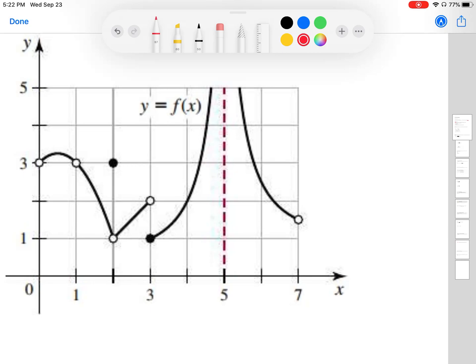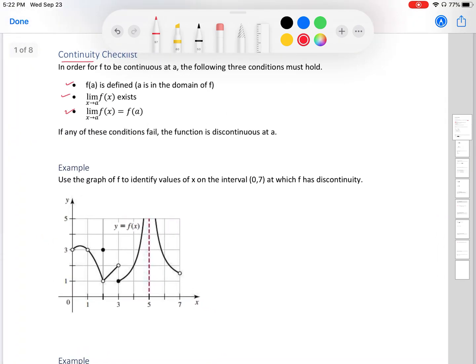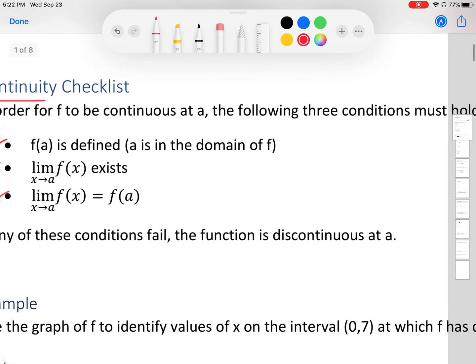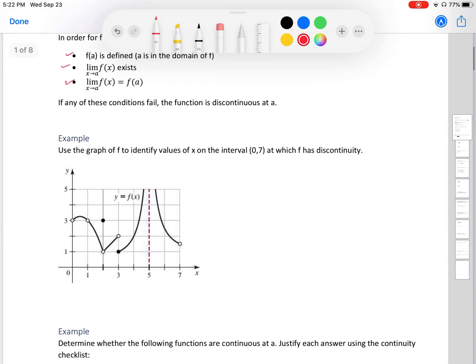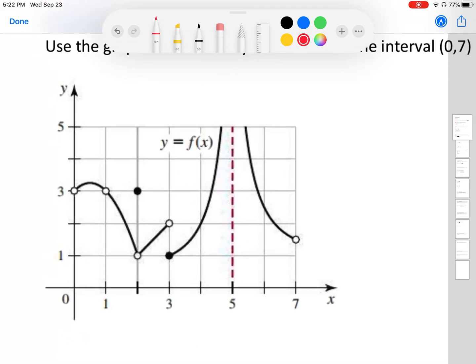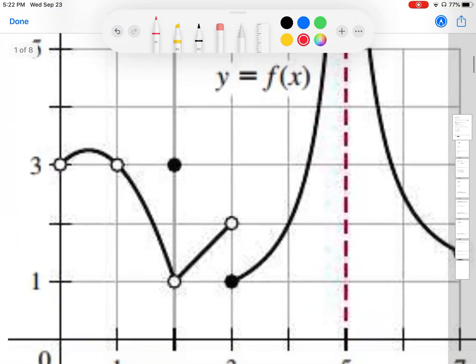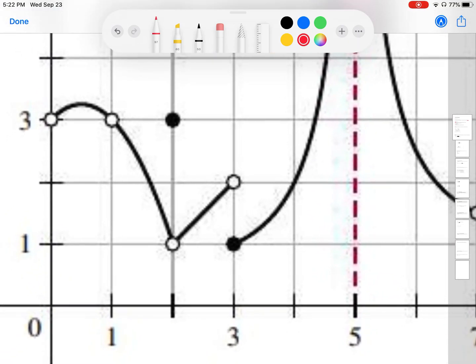So for that, we have to look at our rules above. Remember, it's part of our domain, it exists, and you can evaluate at that number. So let's look at 1. Looking at 1, it fails that continuity part. It's a hole.